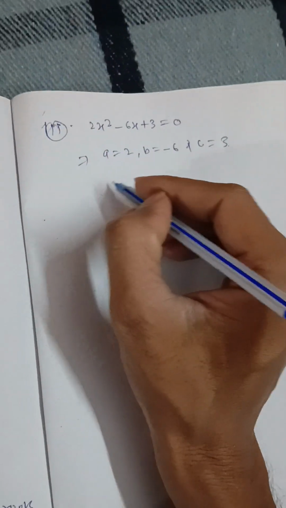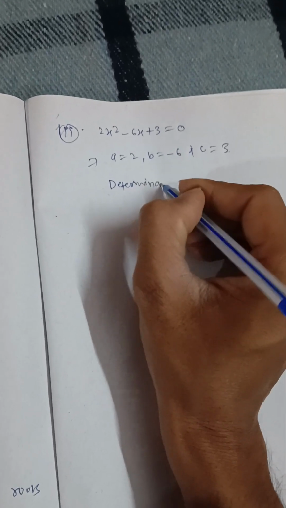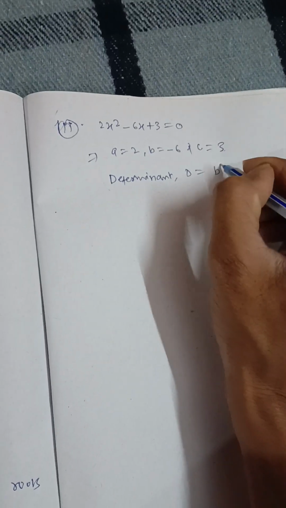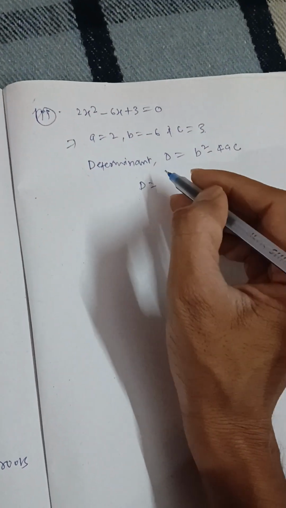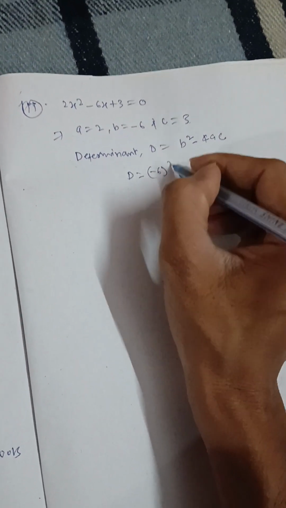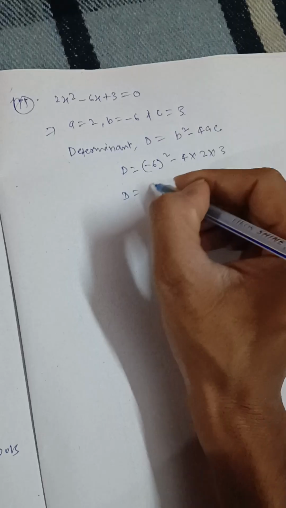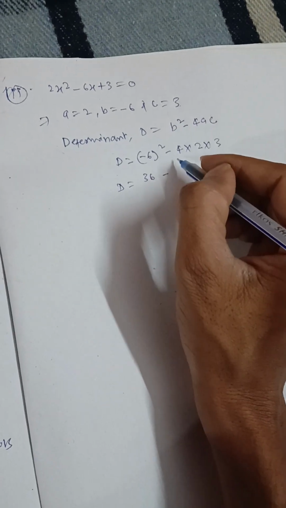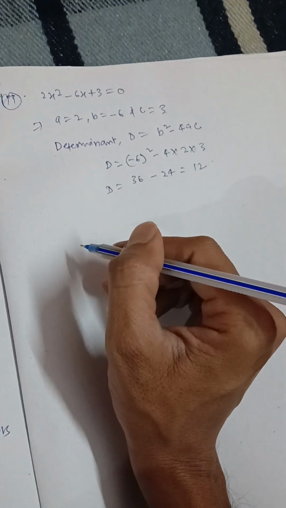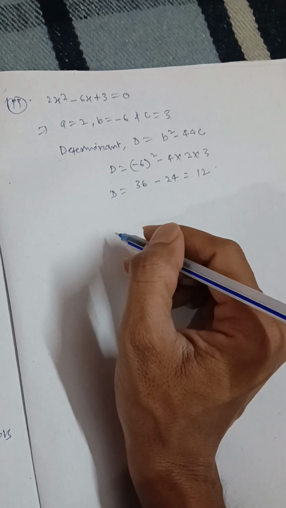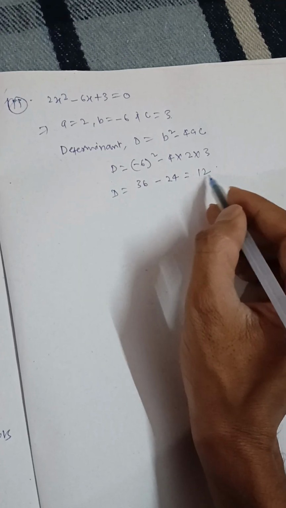So determinant d equal to b square minus 4ac, that is 6 square minus 4 into a into c, equal to 36 minus 24 equal to 12.